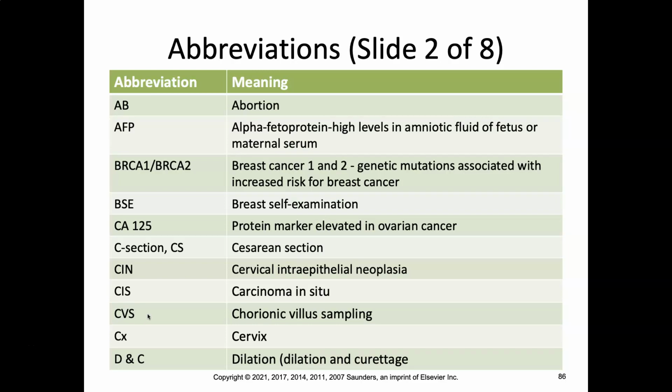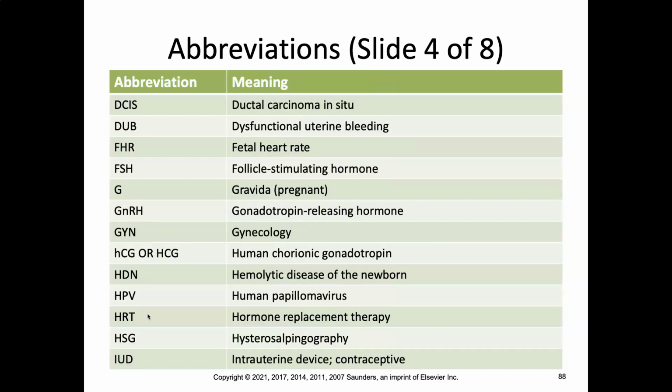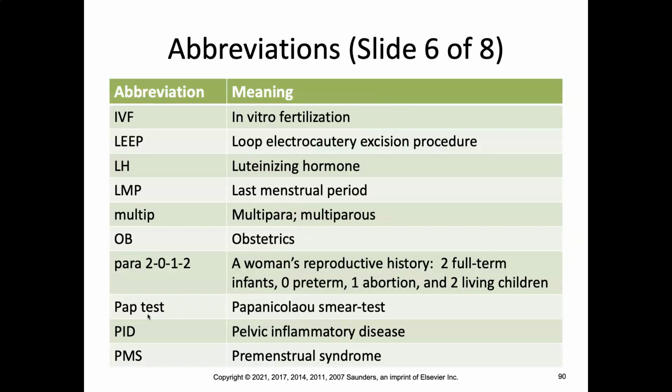Abbreviations. There are quite a few abbreviations here in this section. So I'm just going to skip through here, but make sure that you're familiar with those. If you have seen OB charting, you see para, and then you see the 4 numbers that come after that.